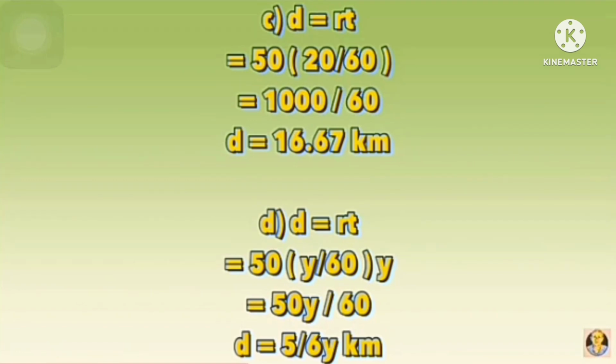D equals RT equals the same rate, 50 kilometers per hour, and the time is Y. Since Y is in minutes, we divide it by 60. So we multiply 50 times Y divided by 60. Our answer is 50Y over 60, then we divide by 10. So our final answer is 5Y over 6 kilometers for letter D.